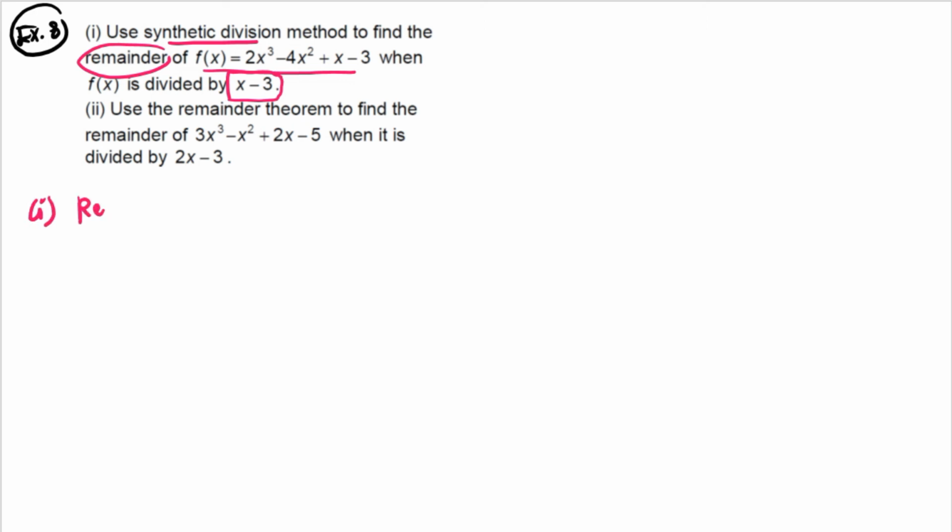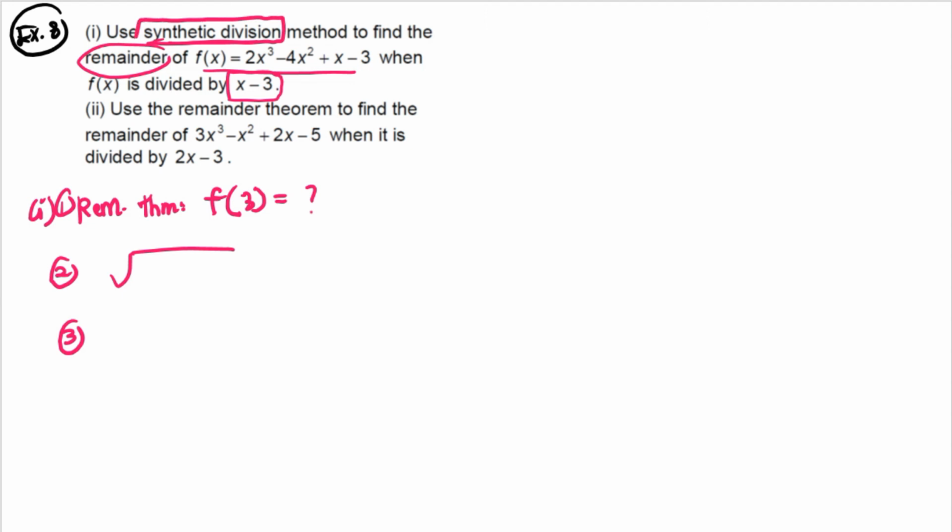If you have to use long division, you perform it in that way. The third method is synthetic division, and since the question asks us to use it, I'm going to use synthetic division here.